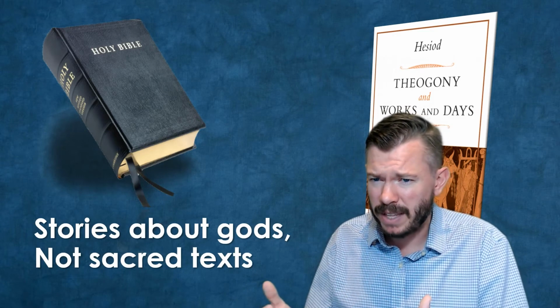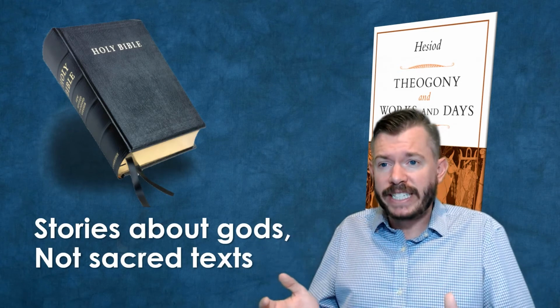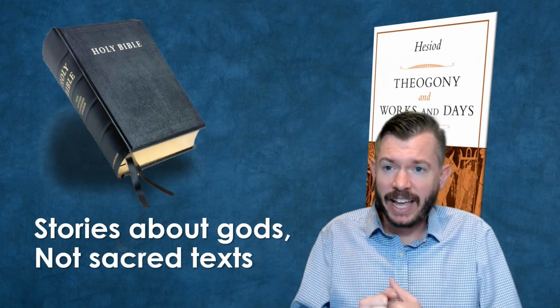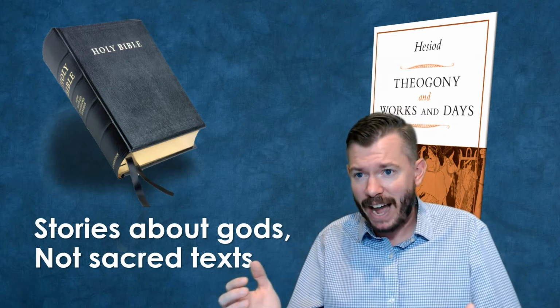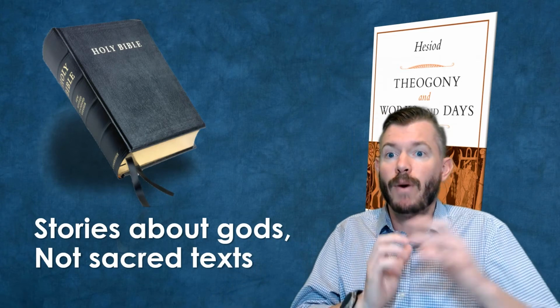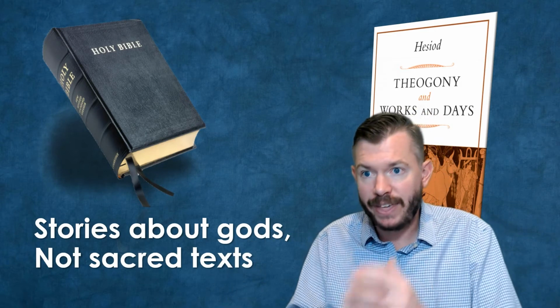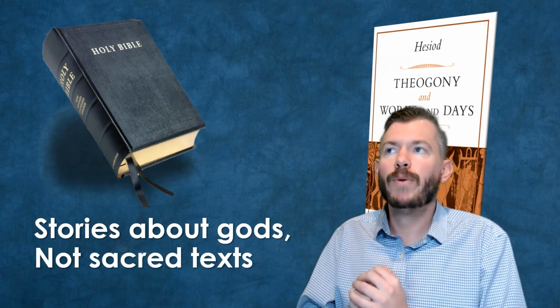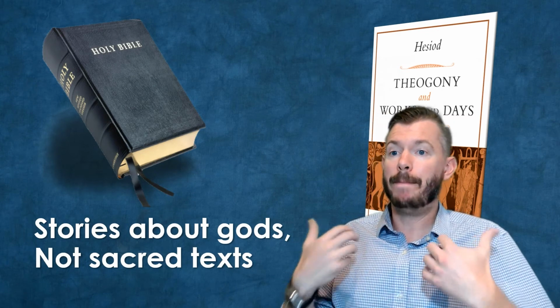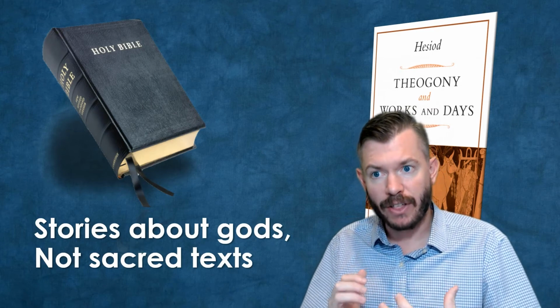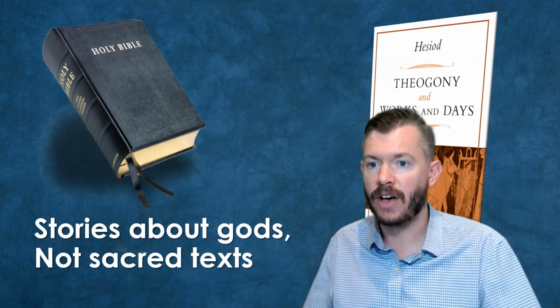If we think of something like the Bible, many religions think of it as either the word of God or divinely inspired at the very least. And when we think of Hesiod's Theogony for the ancient Greek world, we want to think of it as a story about the gods, but not necessarily the word of the gods themselves.